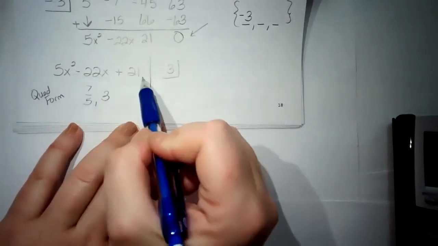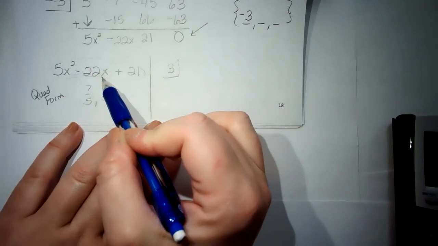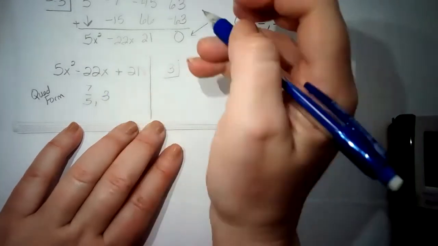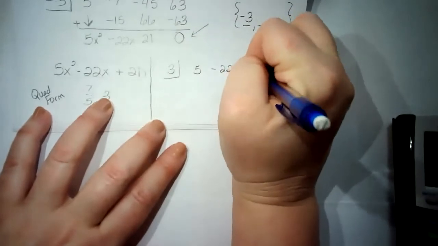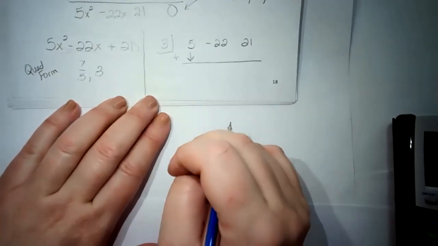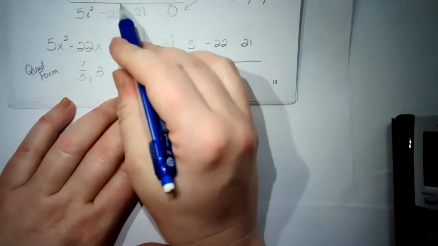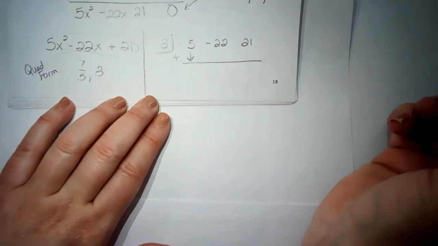Now I'm going to use this poly, this reduced poly. I'm not going to go back up to the original. Okay, I'm going to use this one. So I'm going to have 5, -22, and 21. Okay, I'm using this reduced poly that I got from synthetic already. Do not go back and use the original poly.